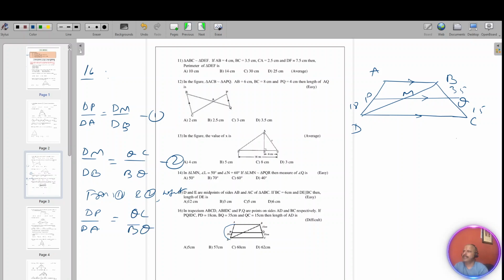Substitute the values. What is DP? 18. Why should I not take AP? Means the value is not there. DP is 18 by DA. We want that. QC is 15 by 35. So cross multiply, what you get?